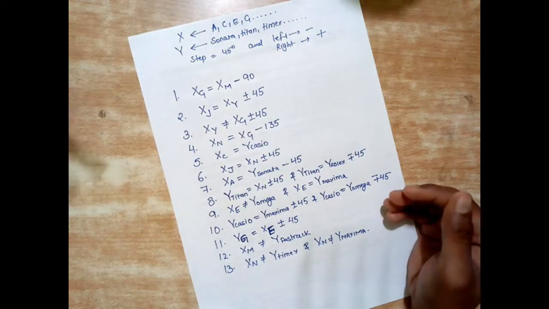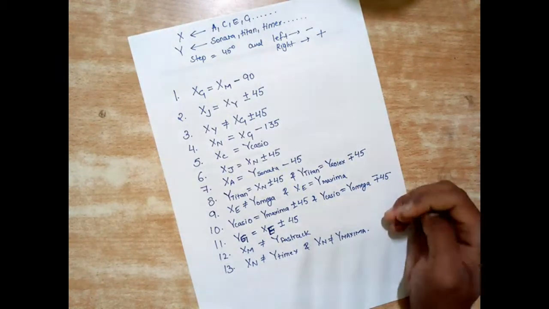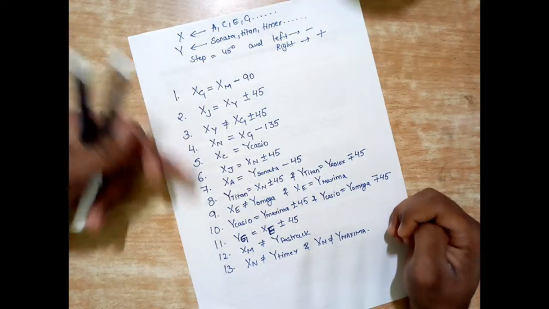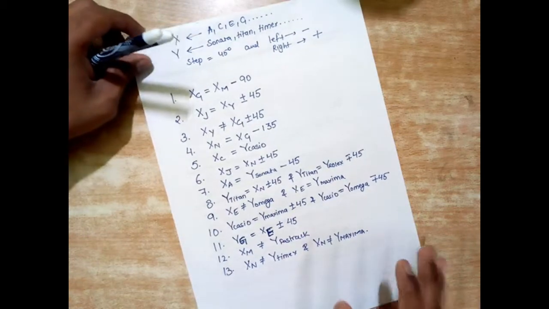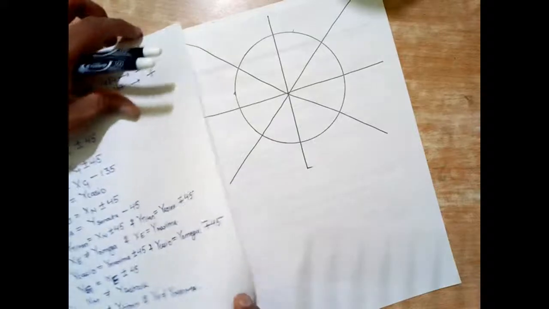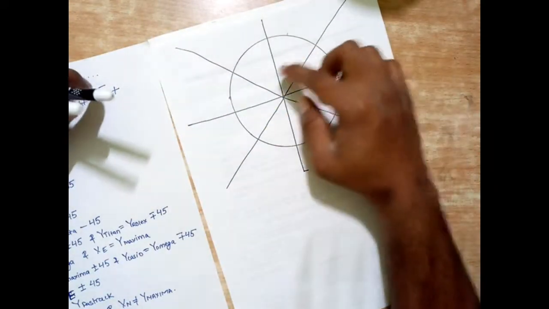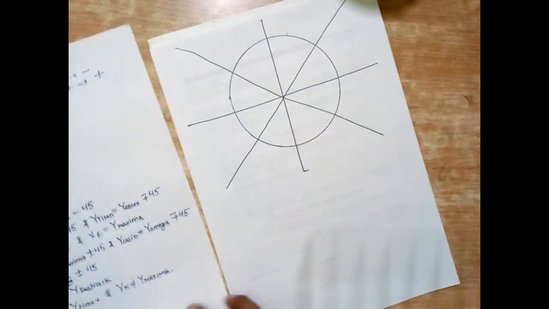So now I don't need to look at the question again and again and find out all the things that are given. Instead, I'll just view these equations and write out my answers to solve this question. I have already made a circle and divided it into 8 equal parts. Each step is 45 degrees. So let's see how we are going to solve it.